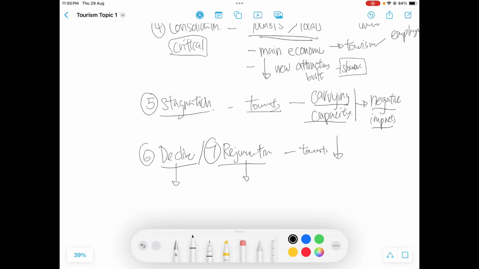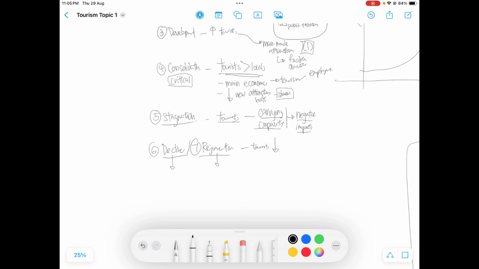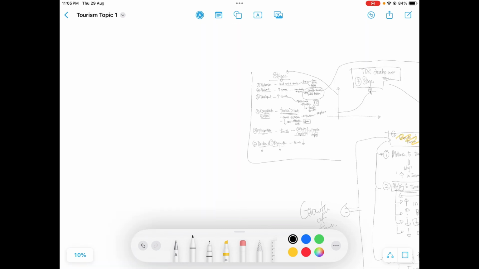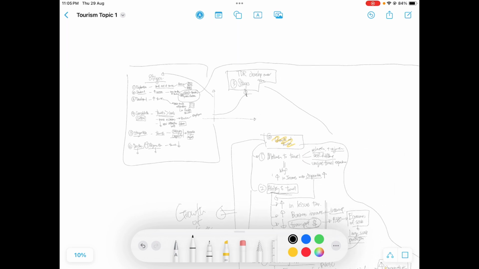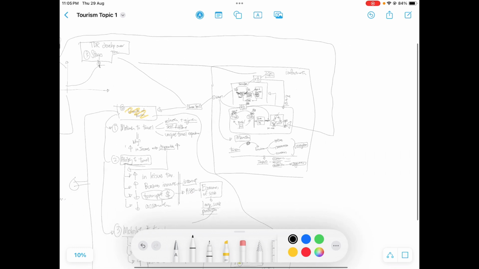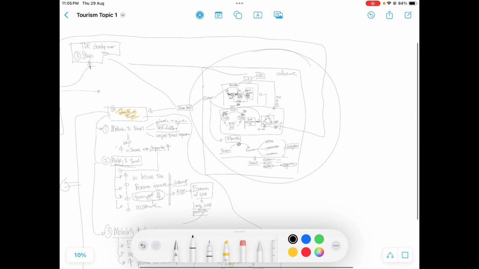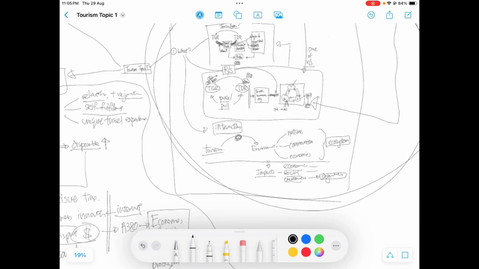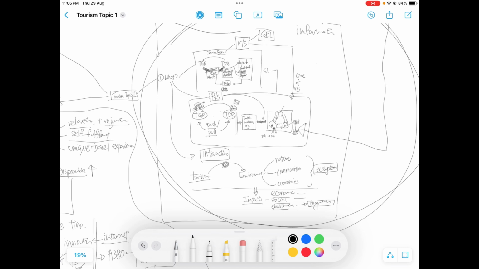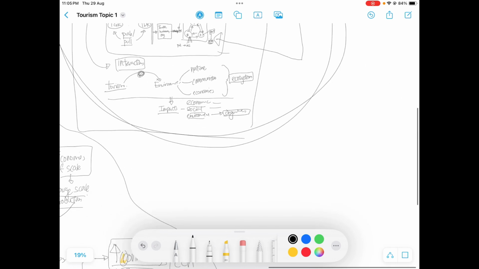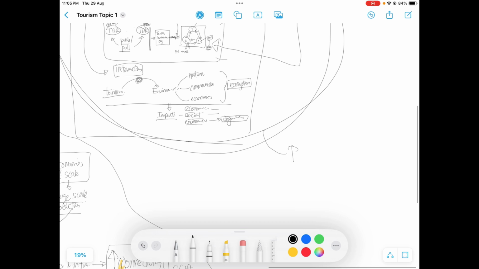So you can see over here that these 7 stages clearly indicate the relationship. And this is very important: the relationship and the interaction.